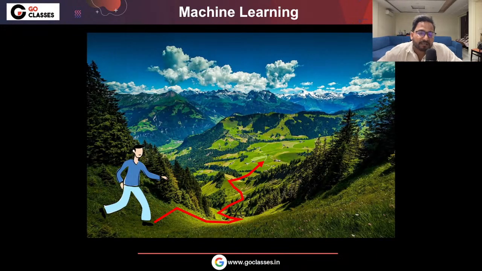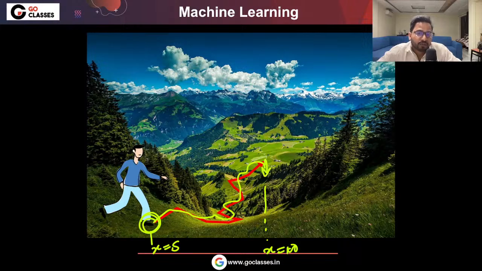Gradient descent works in a way that you are, let's suppose, standing here, which means you have some value of x equal to 5, and let's suppose x equal to 100 is minimizing that function. So you will move towards 100, towards the valley.